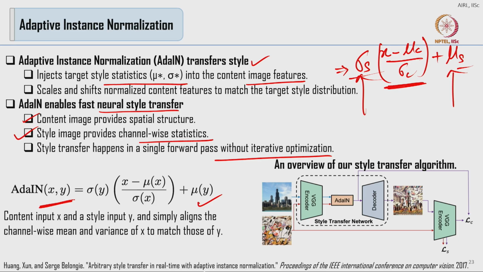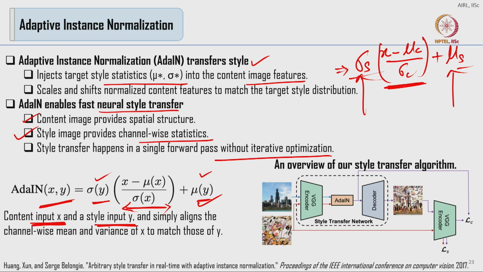Formally, adaptive instance norm is defined by x and y as sigma of y times the normalized version of x plus mu of y. Essentially we get the content information from x, which is highlighted in this activation, and we get the style information from y, which is why we are borrowing the style information from the channel statistics of y. In the previous example, we manually gave or defined sigma and mu.